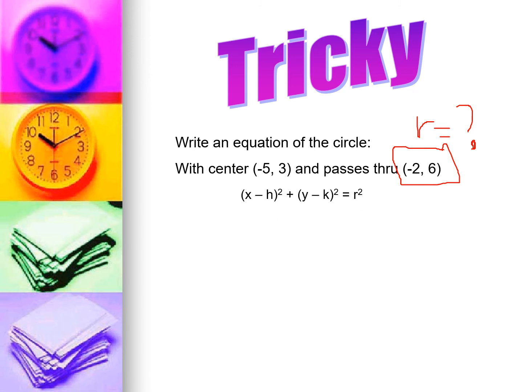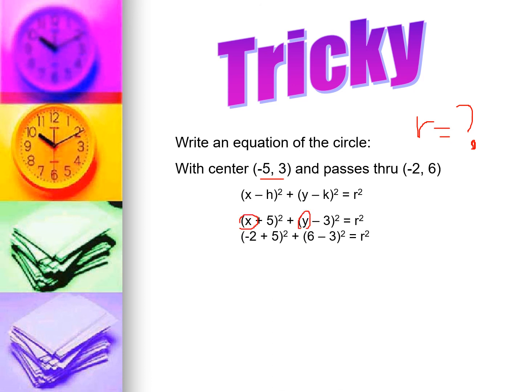Here we have the formula for the equation of a circle. Let's go ahead and plug in the center, the 5 and the -3. And then at this point, we have to figure out where to plug these points in. Remember, these are points on the circle, so they go in the x and the y spot. This spot right here and right here.